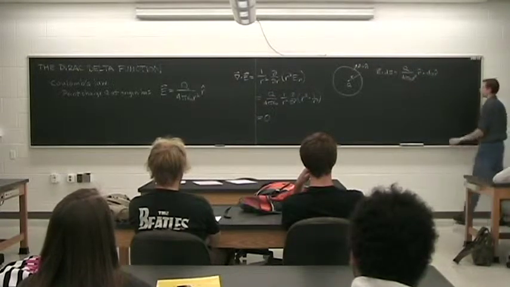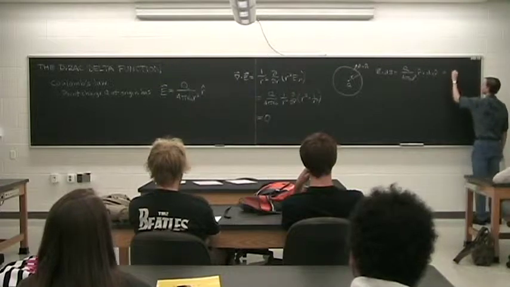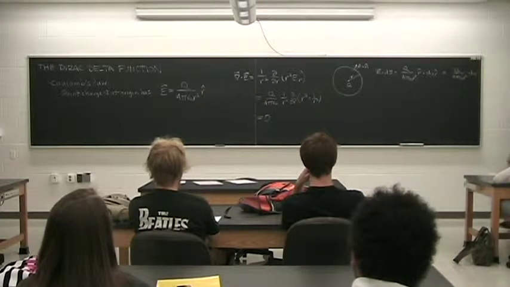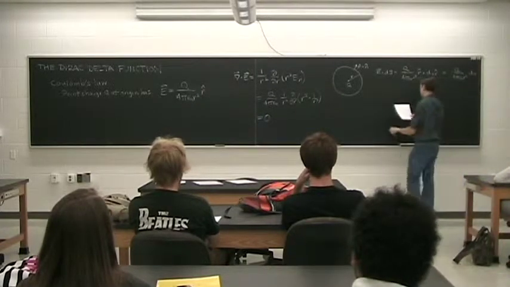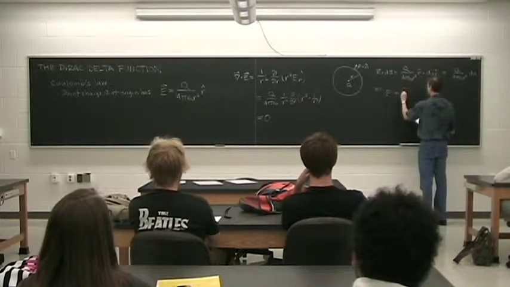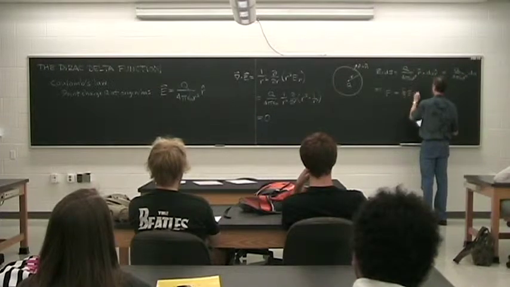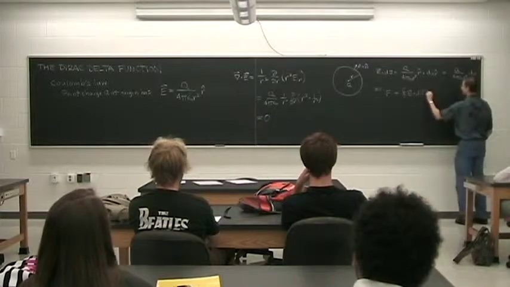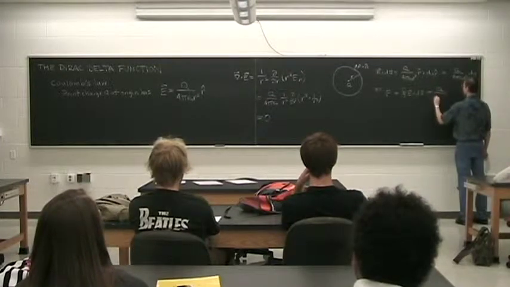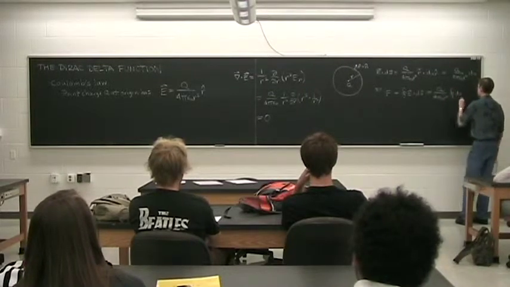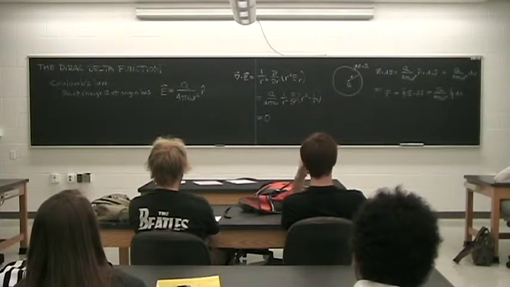So r hat dot r hat is 1, and we just get Q over 4 pi epsilon naught r squared times dA for every point on the surface. Therefore, the flux through that surface, the integral over the closed surface of E dot dA, is equal to Q over 4 pi epsilon naught r squared times the integral of dA over the entire surface.